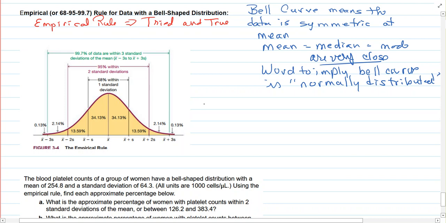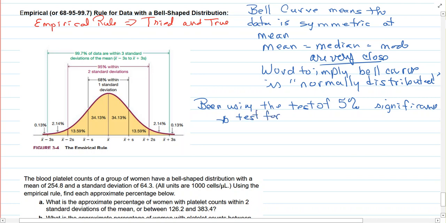We've been using the test of 5% significance to test for significantly high or low.